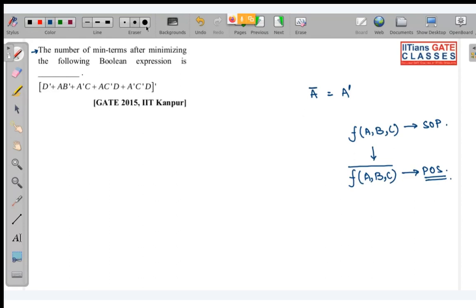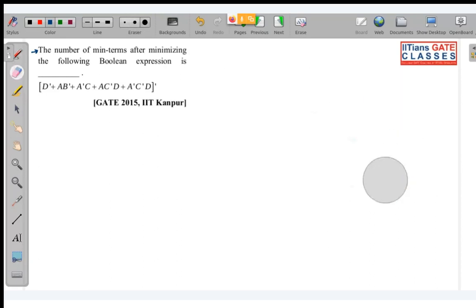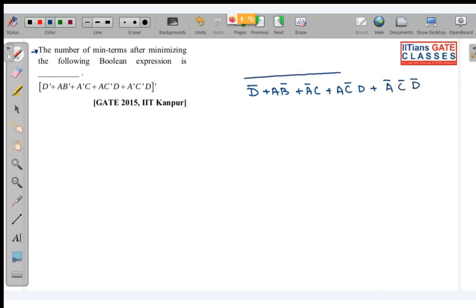Look very carefully, let me solve this for you. It is given: B complement plus A B complement, or I will just write it in the form I am comfortable with, plus A complement C plus A C complement D plus A complement C complement D complement, and on top of that we have a complement.